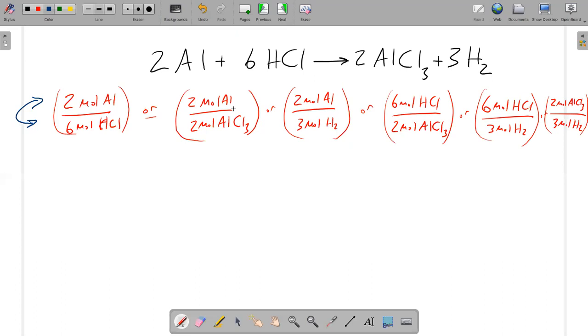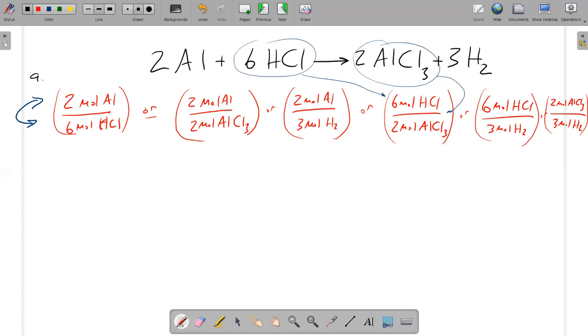So all you're really doing is, if it says 6 HCl, that is represented as 6 moles of HCl, and then 2 aluminum chlorides is represented as 2 moles of aluminum chloride. And how the ratios are useful is whatever chemical you're converting from goes in the denominator, whatever chemical you're producing goes in the numerator.